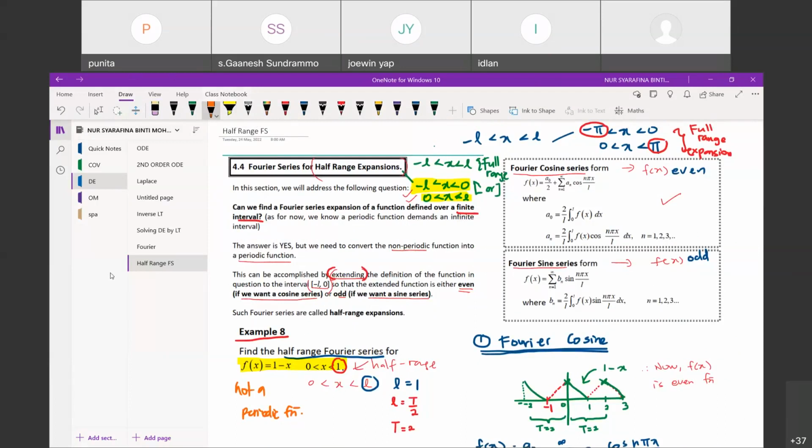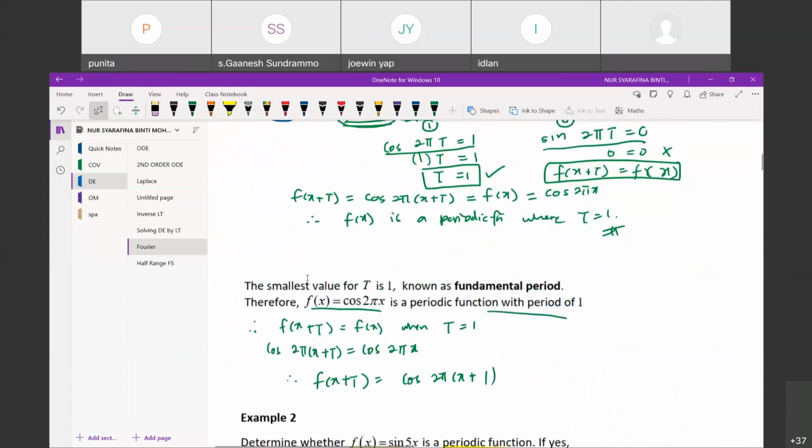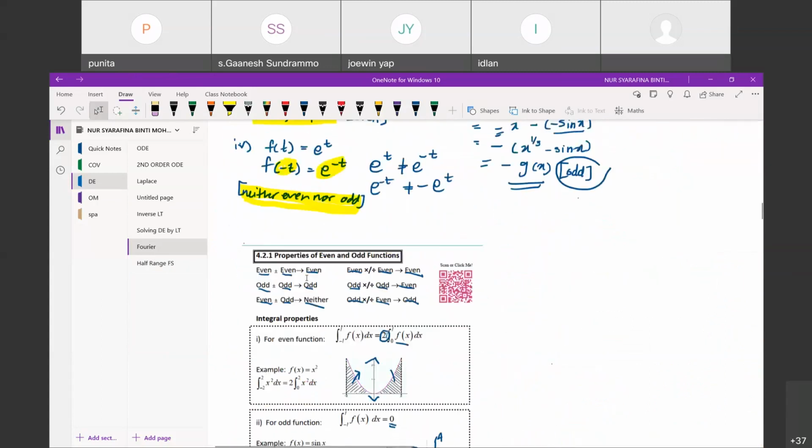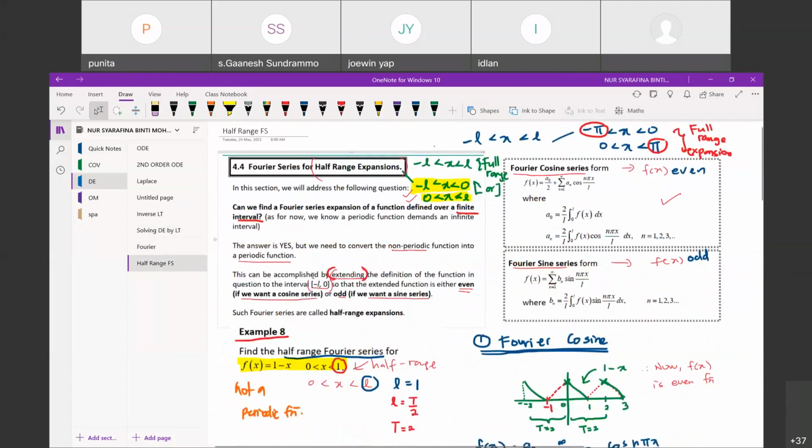That's why previously we learned about the periodic function first, and then even odd, and then you can find the series. All right, but for half range, the function given is not periodic, but it can be turned to periodic. As you can see, the non-periodic can be turned into periodic. How? How can we turn? By extending the function, okay? By extending the function here.